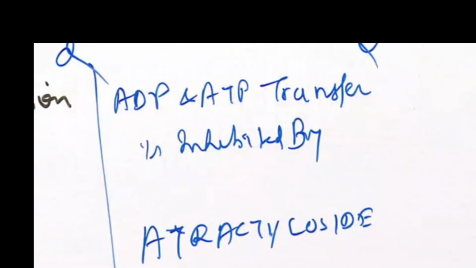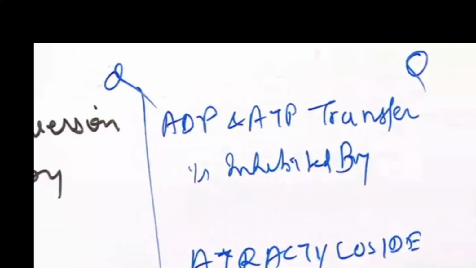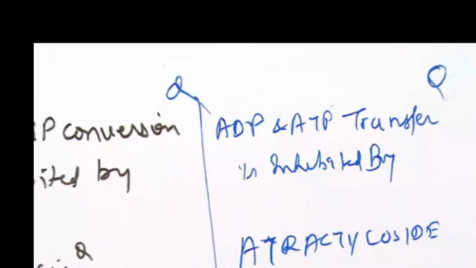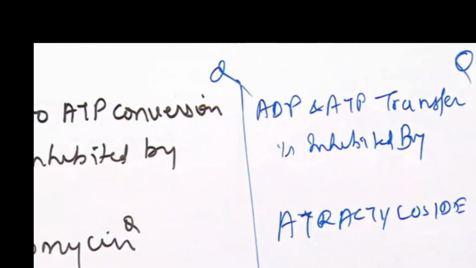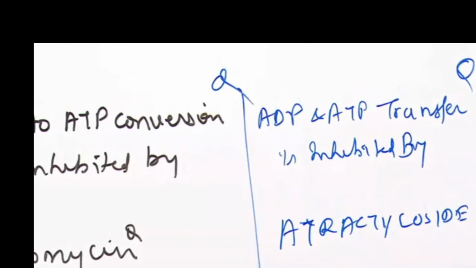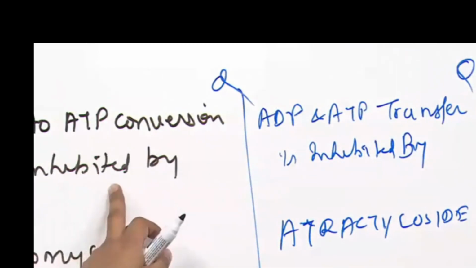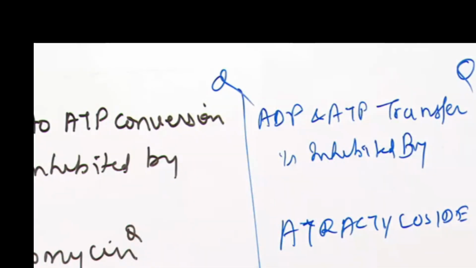Both are questions. Recently asked names. If question is asked ADP to ATP conversion, yes, ADP to ATP conversion is inhibited by oligomycin. ADP and ATP transfer is inhibited by atractyloside. Both are questions.